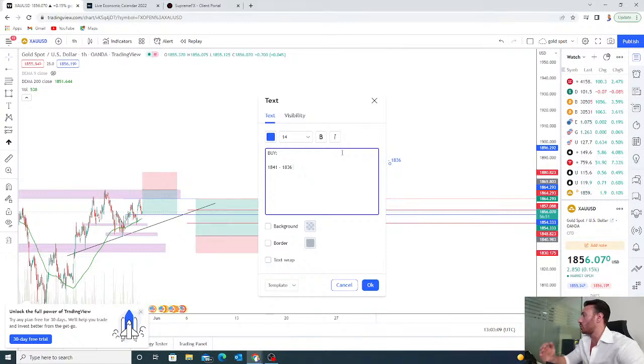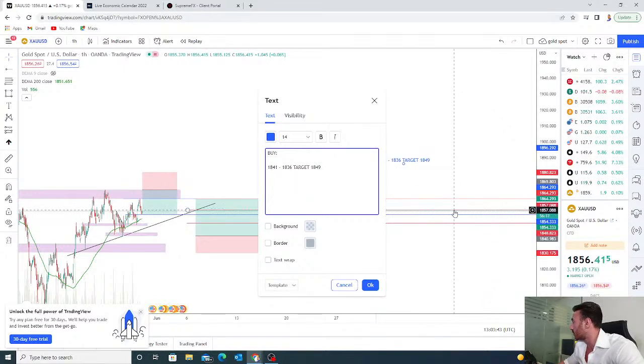What I usually do is I distribute. So if I have 5 lots, I will put 1, 1, 1, 1, 1 to buy in that manner. So between 1841 to 1836, okay, target 1850 or 1849, yeah, which is 1850, but I'll put 1849.